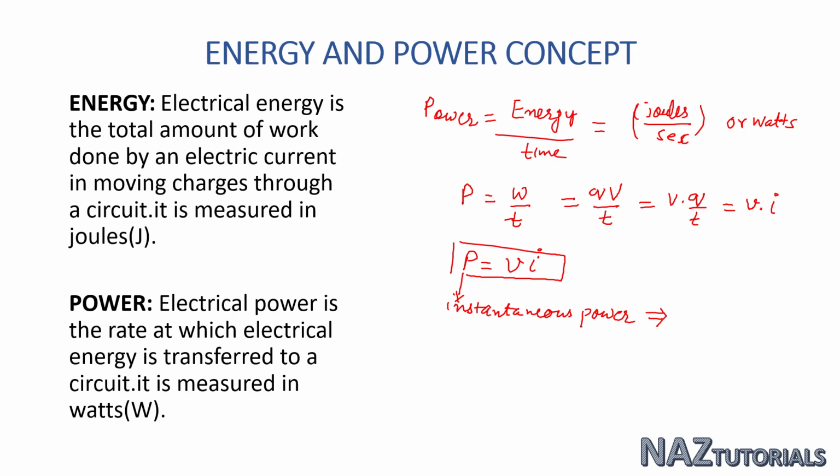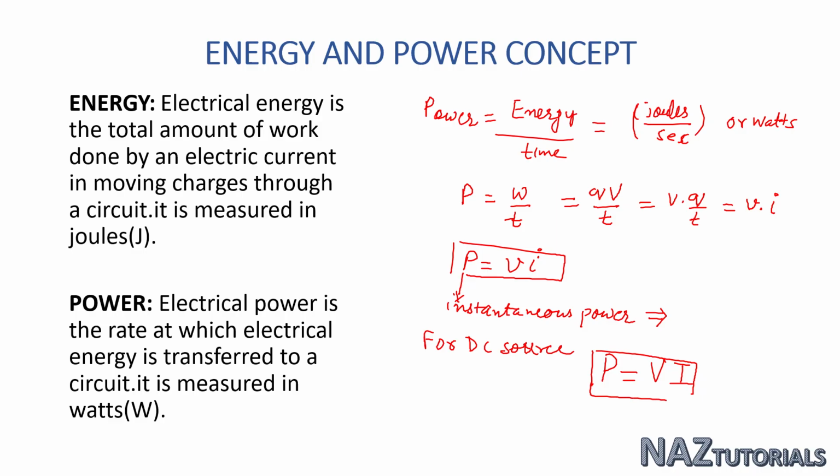It means it is the power in a circuit. It may be a DC source or it may be an AC source. This power is defined by the voltage at any instant multiplied by the current at any instant. So for a DC source, this power P is defined by V into I. That means at all instants of time power is constant.